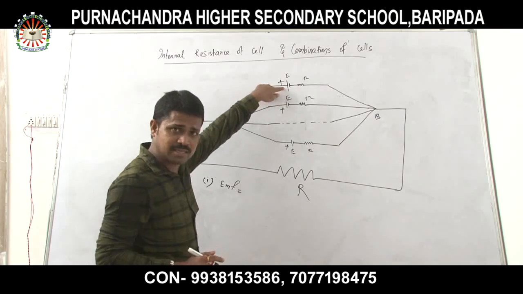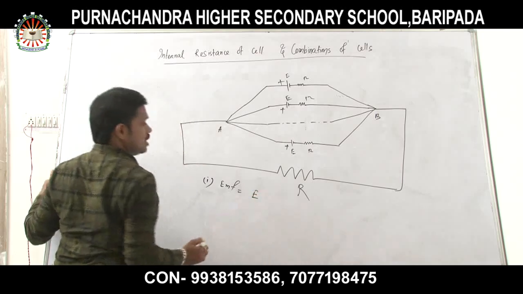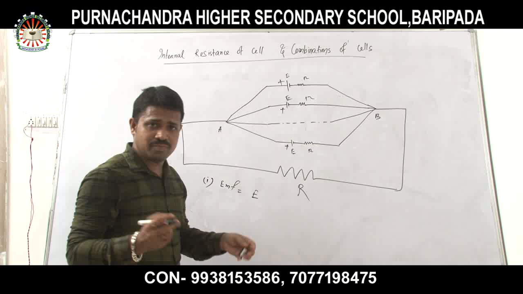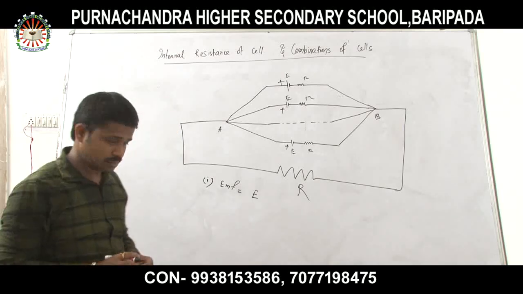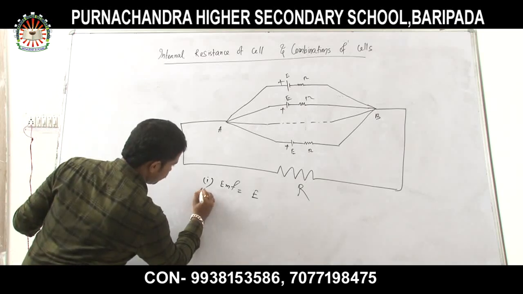So what is the EMF of a single cell? E. That's why the EMF of the total circuit becomes E. Very simple. Clear? Okay.